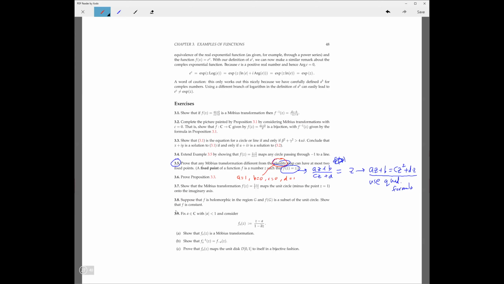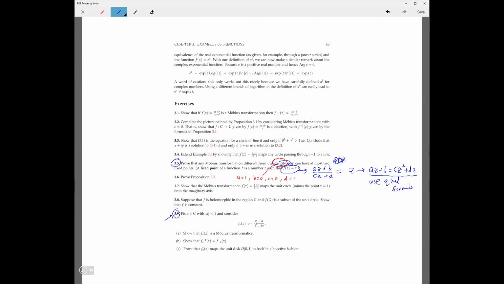Okay. I wanted to also say a few things about number 9. Has anybody attempted to do number 9? I did, but A and B. I had a question. Like for part A, do we just show that AD minus BC is not 0? Yeah.